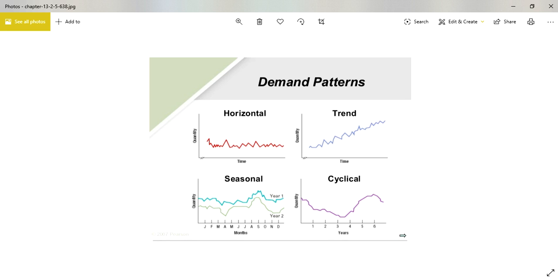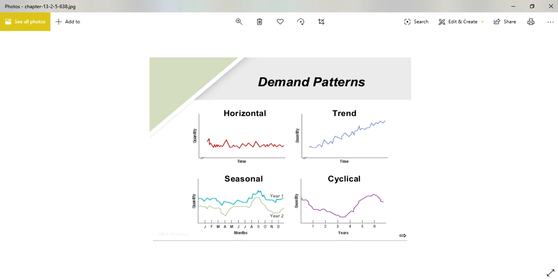However, we don't deal with that one here. Okay, we will focus on the trend and horizontals. Those data are useful in the business analysis and for your level.